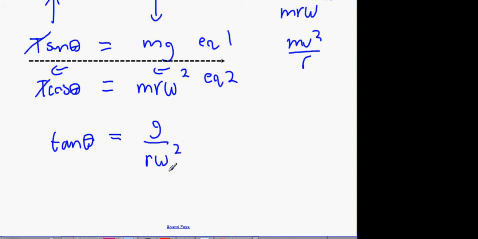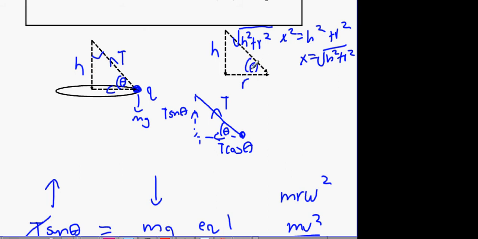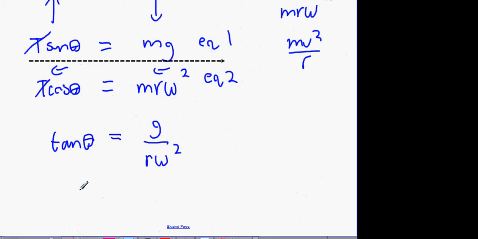Tan theta is h over r. So h over r equals g over r omega squared. The r's cancel, and we get h equals g over omega squared.